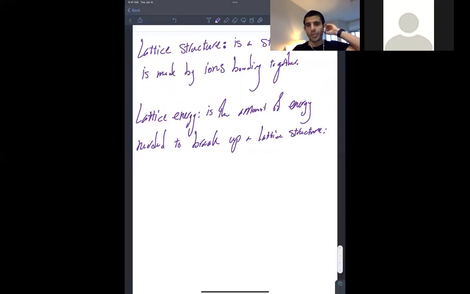Is it directly proportional, inversely proportional? That's what it is for. So the lattice energy is proportional to, that's what it means.